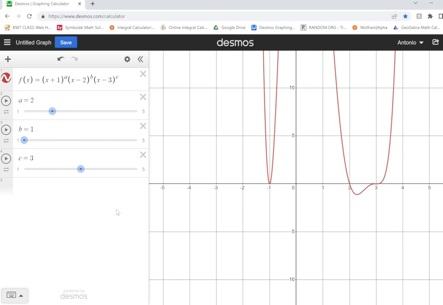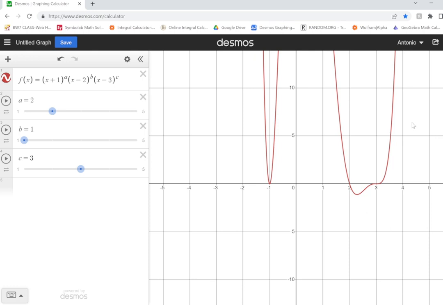When it's even, it bounces off the axis and goes back in the direction it came from. When it is 1, it behaves like a line and goes right through. And when it's odd, it has this same kind of flattening out pattern and continues on its way, crossing the axis.